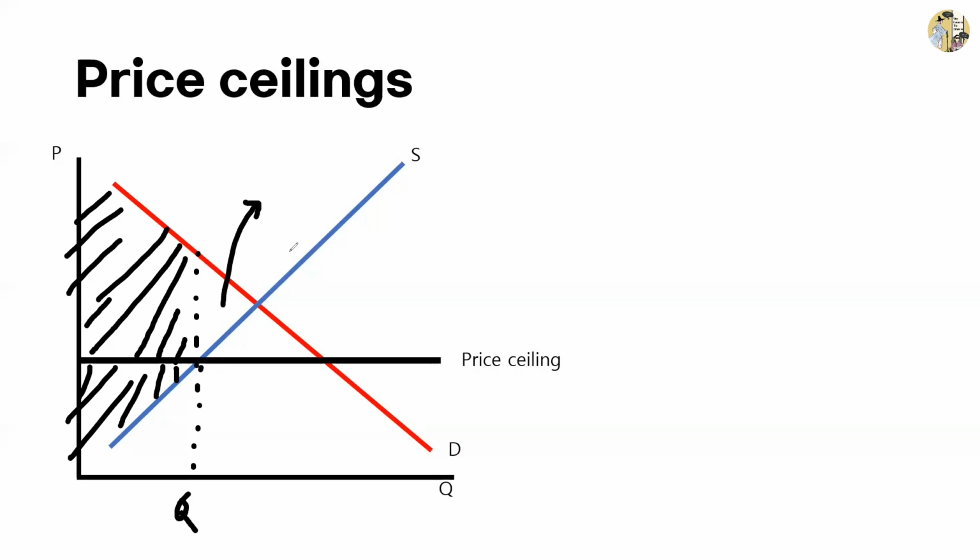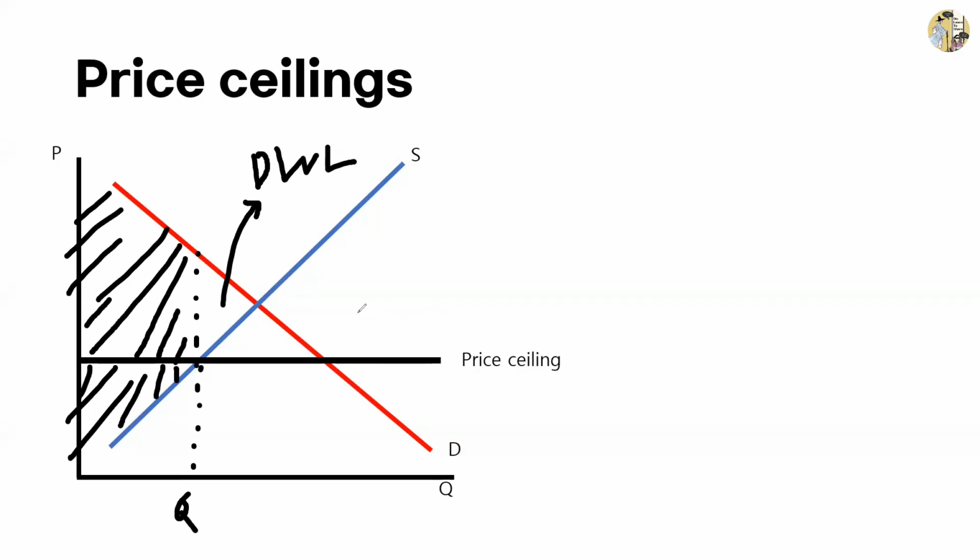Before this price ceiling, half of it used to be the consumer surplus and half of it used to be the producer surplus. But now neither the consumers nor the producers can have this additional surplus. And this is the deadweight loss, the loss that happens due to a price ceiling, because people cannot purchase as much as they used to, or what they actually wanted to if there were no price ceiling.